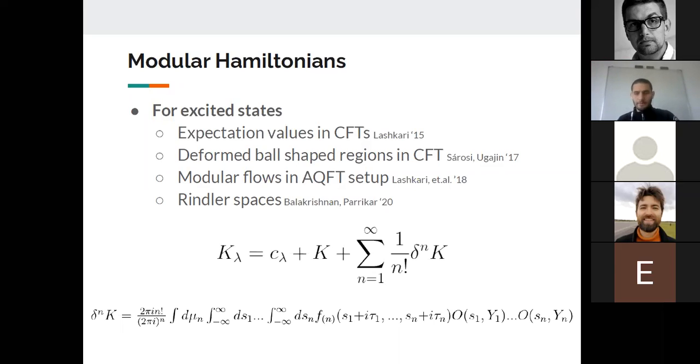They end up getting an expression which is similar to ours, but via an exclusively CFT approach, trying to do a resummation of an expression that we'll get to. They get a perturbative expansion, with these corrections to the modular Hamiltonian, which looks like this, and it boils down to finding this F, which they found. There's an expression; you can look that up in their paper.